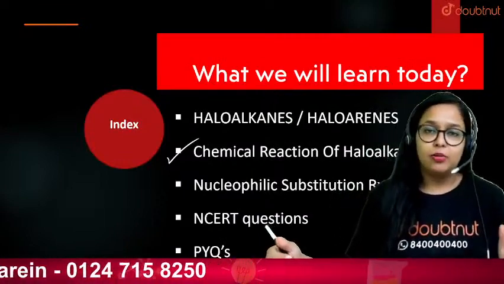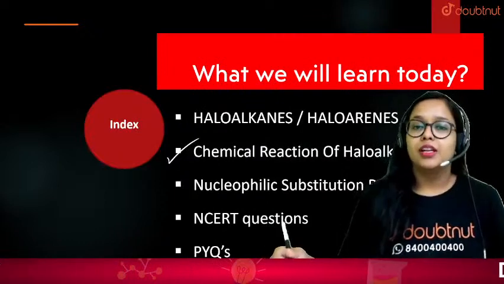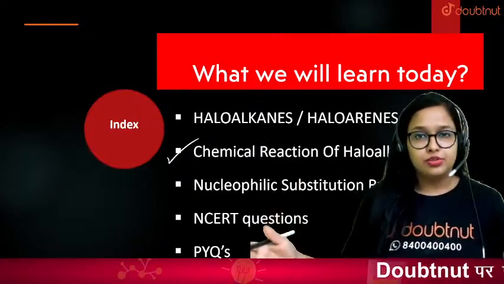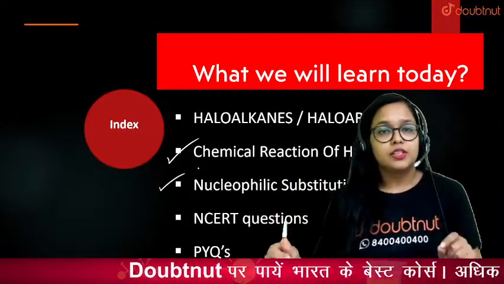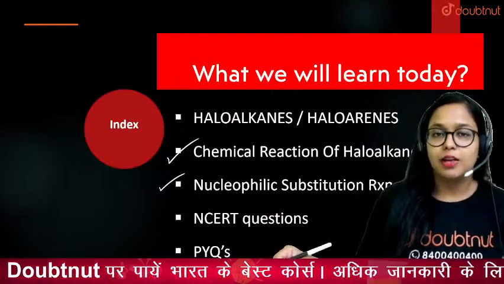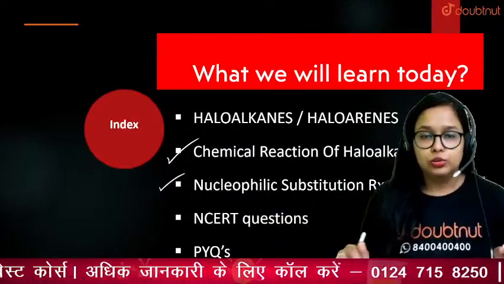And since in haloalkane the halogen atom can act as your leaving group, they undergo nucleophilic substitution reaction, right? So today we'll understand what are nucleophilic substitution reaction types, that is SN1 and SN2 reaction, and before that we'll understand the ambident nucleophile.